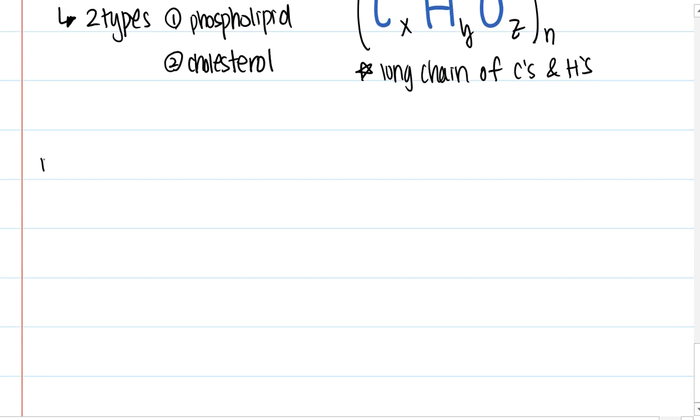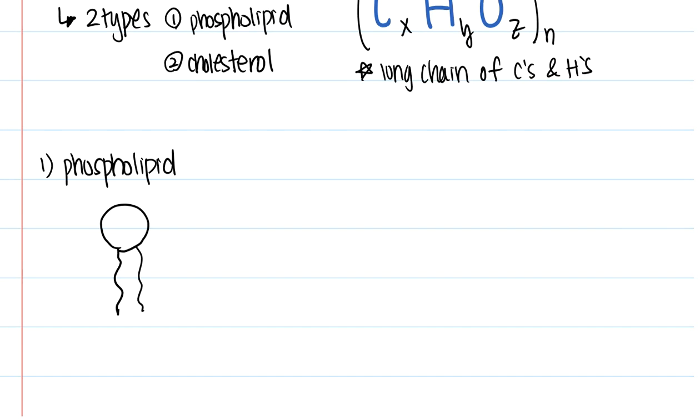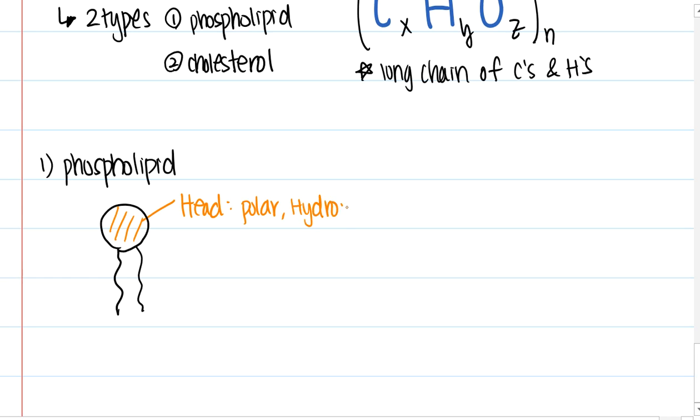Let's talk about phospholipids. So phospholipids are going to look like this. This top part is called a head, and the head is actually polar. If something is polar, it's just like water, so it likes water, so we call this hydrophilic. A very popular molecule that makes up the head is called glycerol.